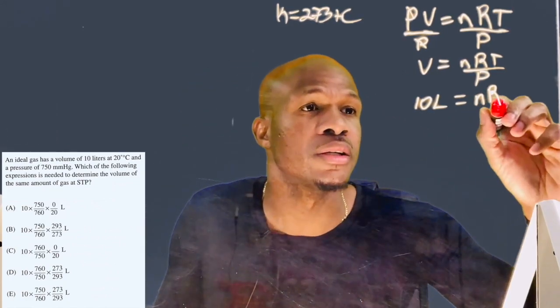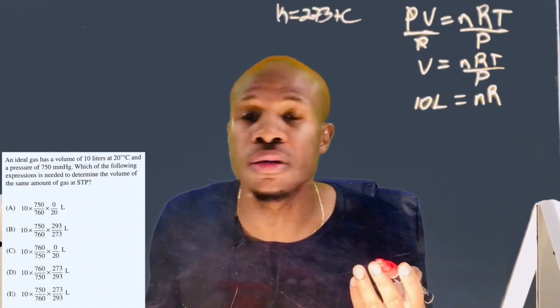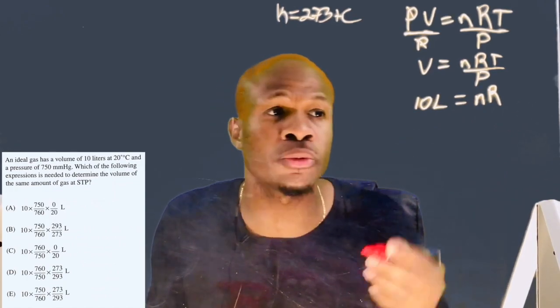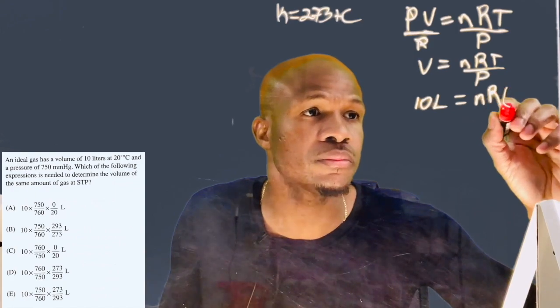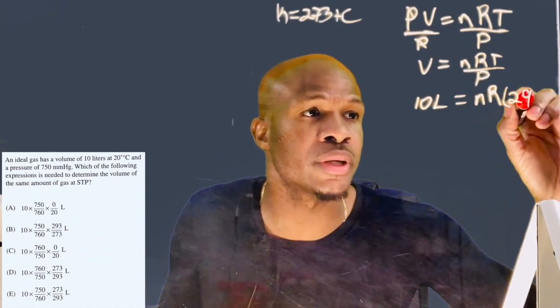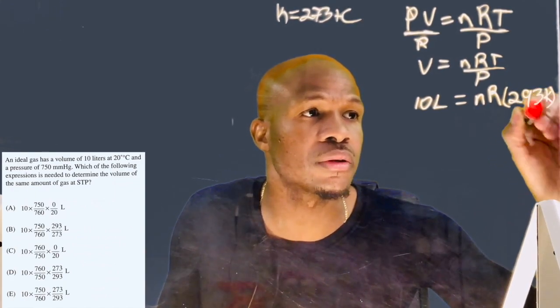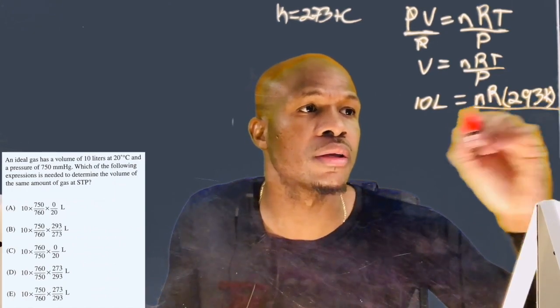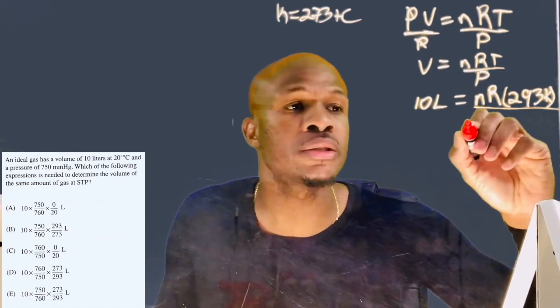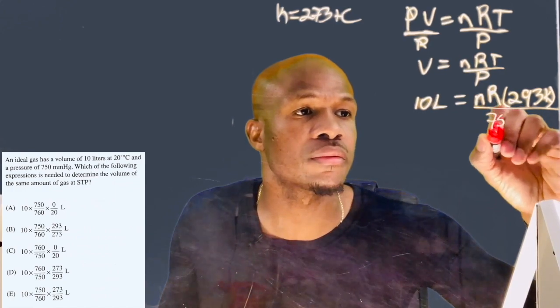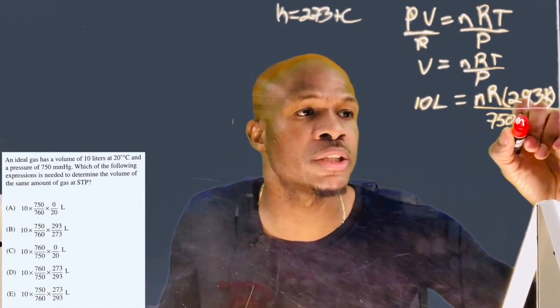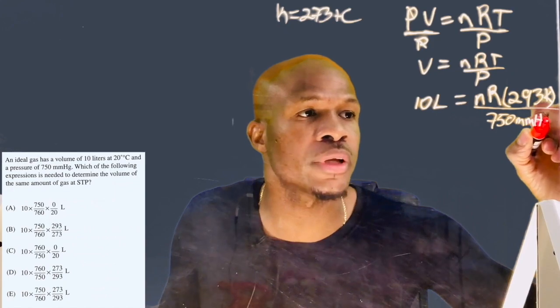Okay. So in this case, it was 20 degrees Celsius. So that would be 293 Kelvin. Okay. Divided by pressure, 750 millimeters of mercury.